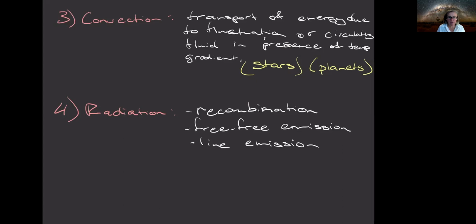And the fourth form of heating and cooling that's very important, and particularly as a form of heating, is radiation. And of course, we've spent most of our semester talking about radiation. So we know a lot about radiation and about how it transports energy. So the idea here is that you have photons, or obviously EM waves, which can carry energy from one place to another, and that can result in heating of another fluid.